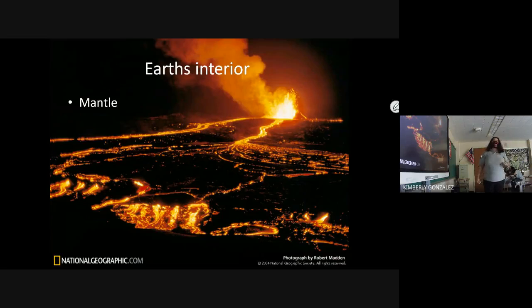Then after that lithosphere, we have the mantle. The mantle is going to be made up of olivine, or you're going to find olivine and peridotite in the mantle. That's why it's so rare, because that's underneath the lithosphere.